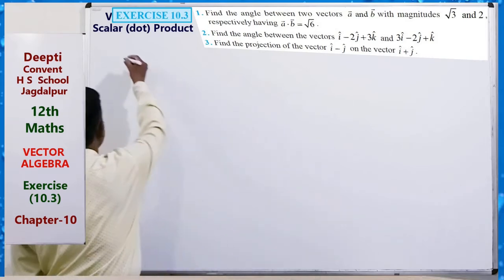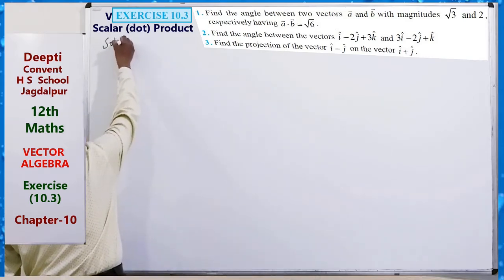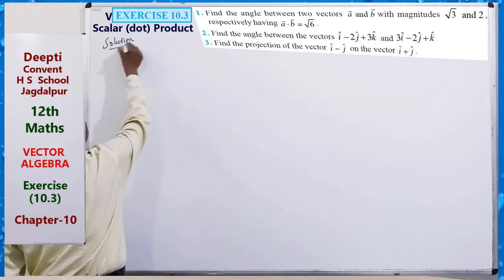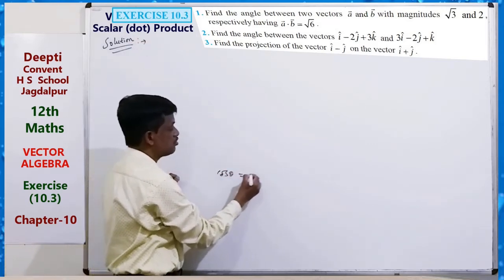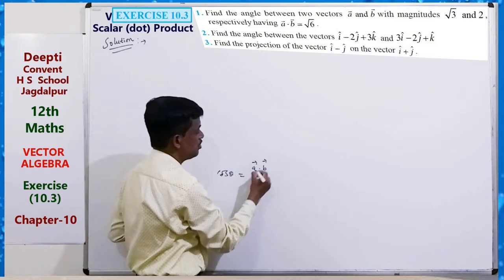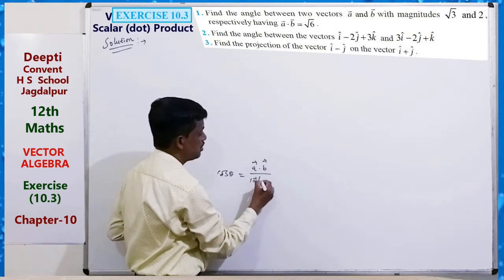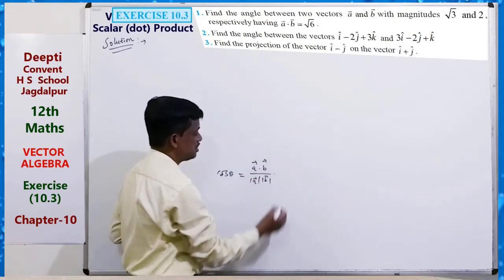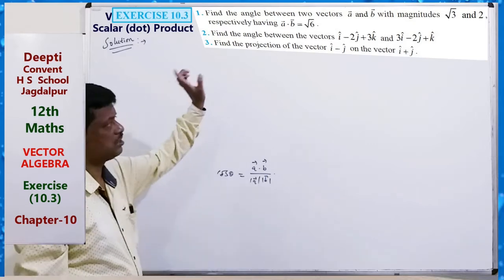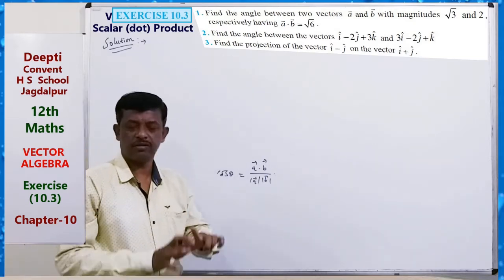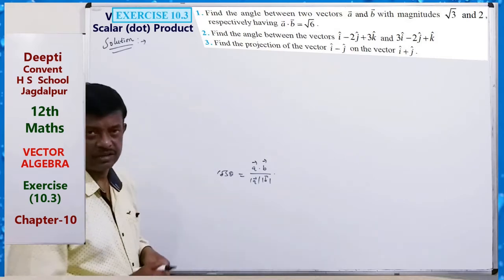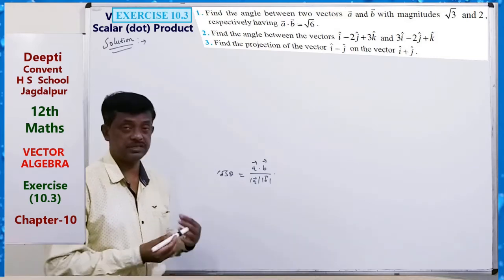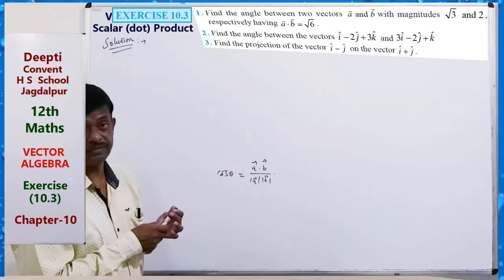The solution is very simple. For finding the angle between two vectors there may be questions, because we know the formula: cos theta equals A dot B upon mod A mod B. Just write the answer in a systematic way; I will discuss how we can solve it.